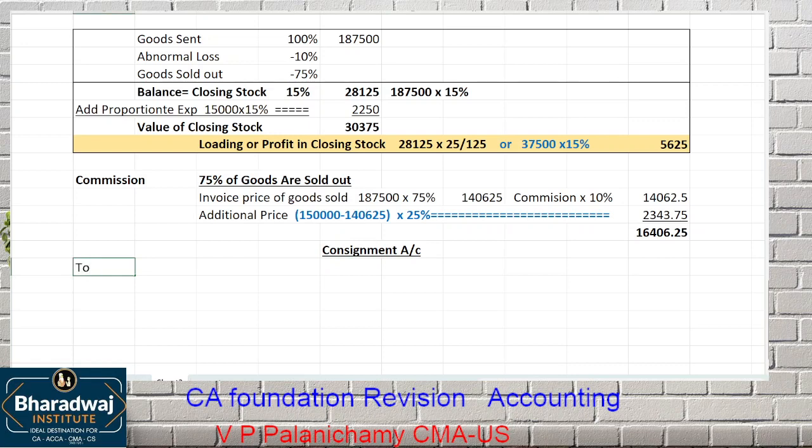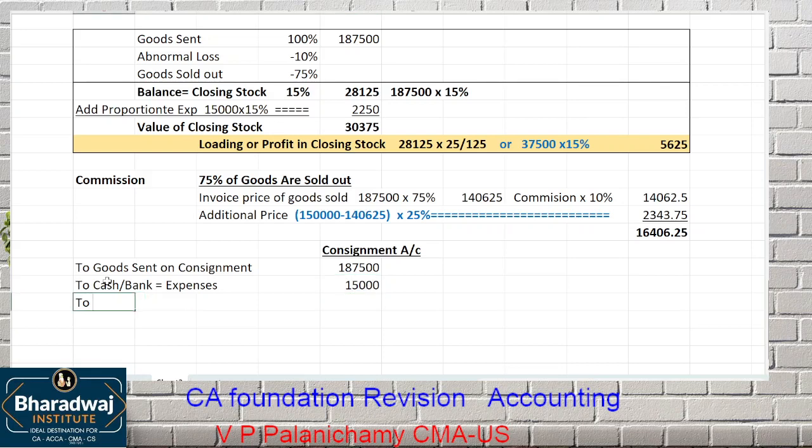We can prepare the consignment account. To goods sent on consignment. How much are the goods sent on consignment at invoice price? 1,80,000. Then to cash or bank for expenses. How much is the expense? 15,000.